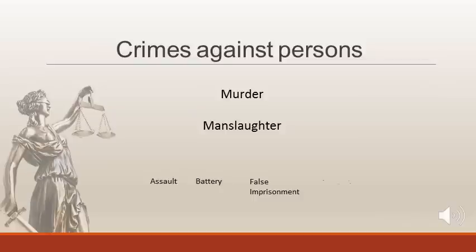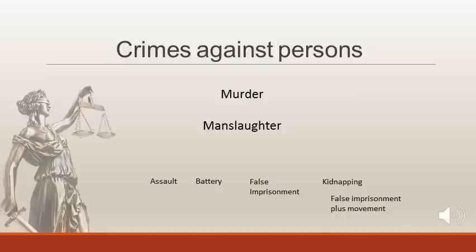In kidnapping, kidnapping is a relatively easy crime with regard to the elements. Kidnapping is false imprisonment plus movement. That is the definition for kidnapping.